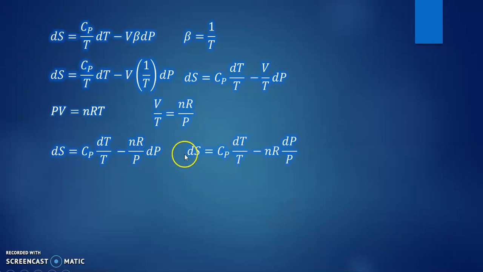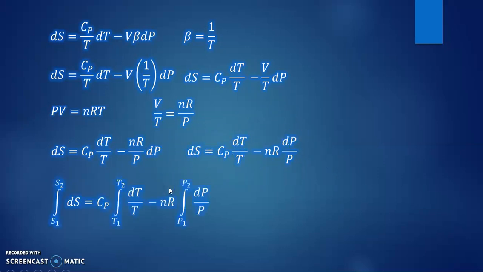We can write this last equation like this, and at this point we can integrate both sides of the differential equation. On this side, let's integrate from entropy 1 to entropy 2, from temperature 1 to temperature 2, and pressure 1 to pressure 2.